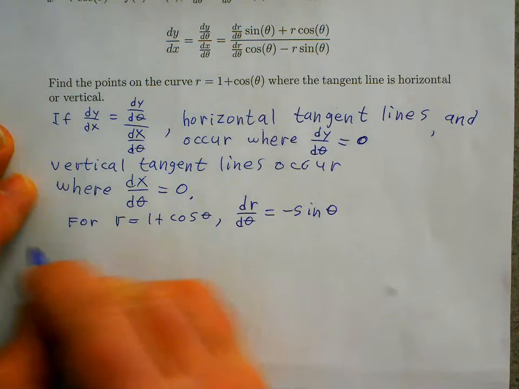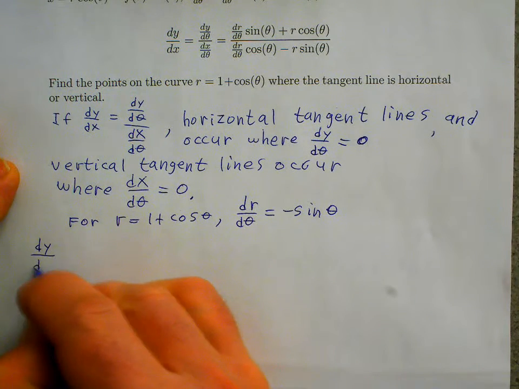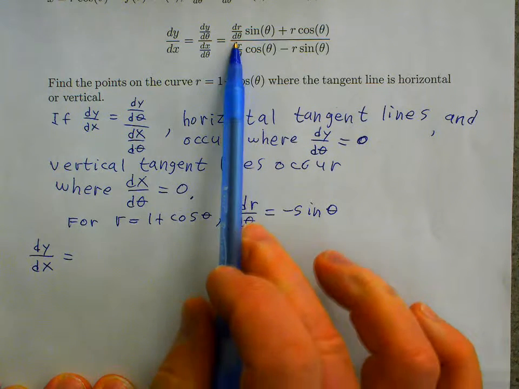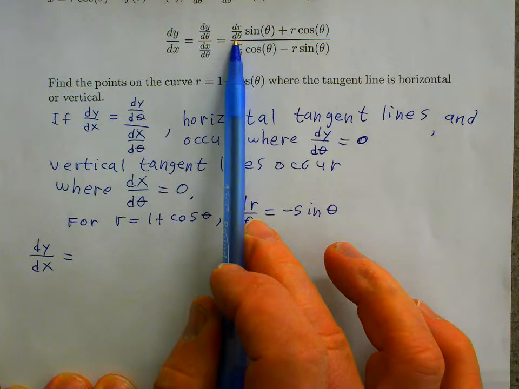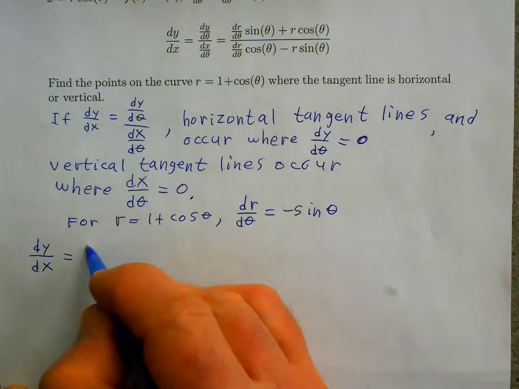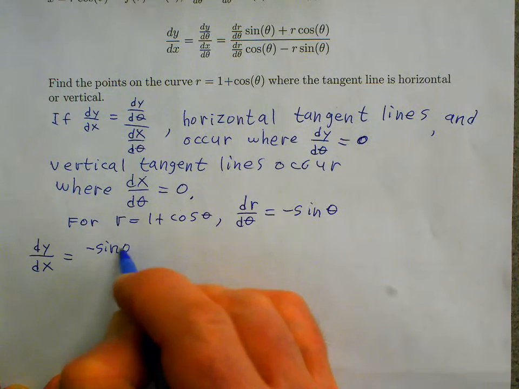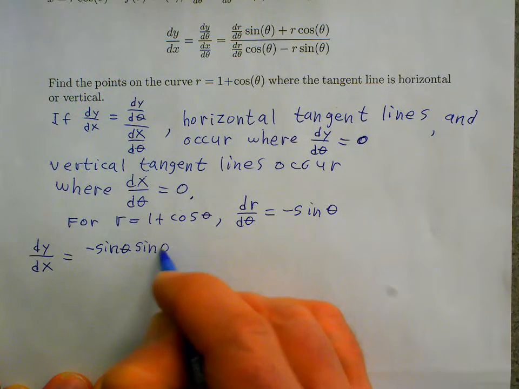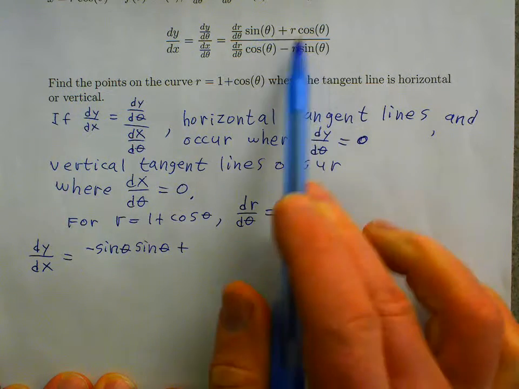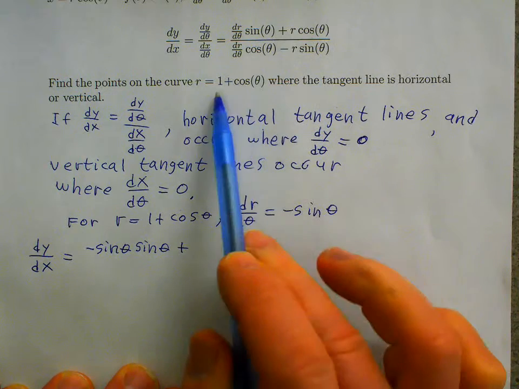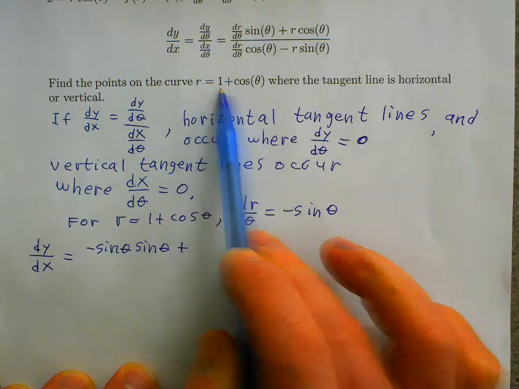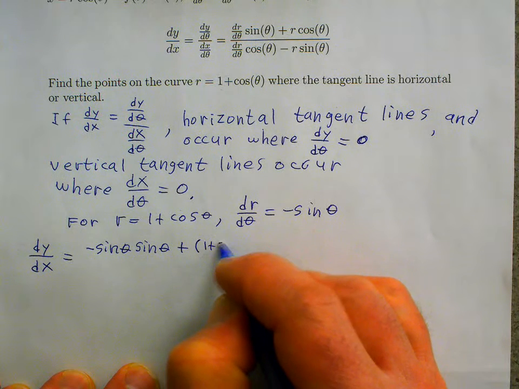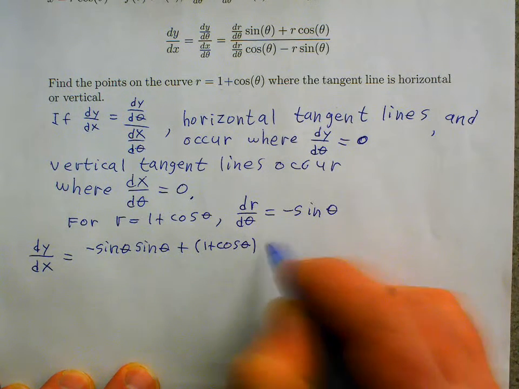Okay, so our derivative of y with respect to x. So we want the derivative of r with respect to theta, which we found to be negative sine of theta, multiplied by sine of theta, and then plus r times cosine of theta, but r is 1 plus cosine of theta. So this is the quantity 1 plus cosine of theta times cosine of theta.